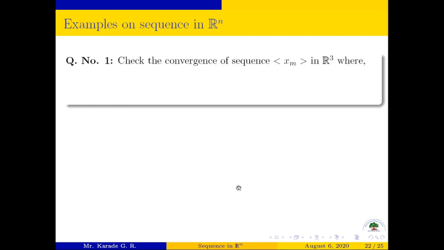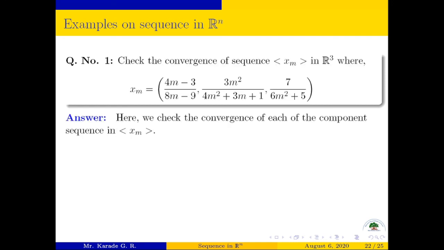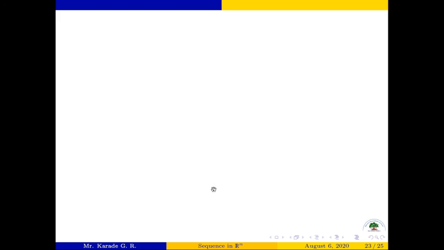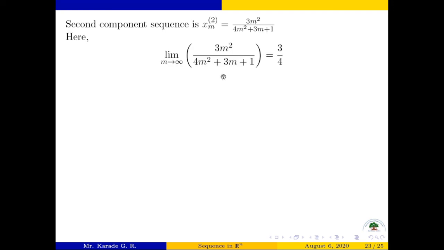Now consider the second component sequence xm2, 3m square upon 4m square plus 3m plus 1. Here also we have to find the limit of that sequence as m tends to infinity, and we observe that that limit will be 3/4. So the limit exists, therefore this sequence is convergent and converges to the point 3/4.